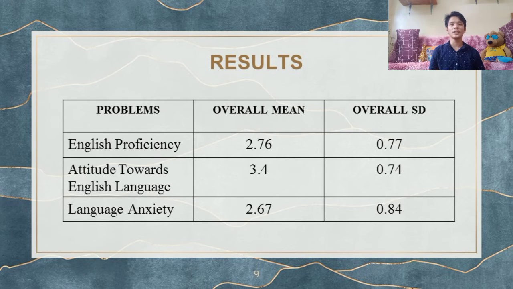Lastly, for the language anxiety, we have 2.67 on the overall mean, which is also equivalent to average level on English language proficiency. So generally, all factors of the English language proficiency have the same level, which is average.